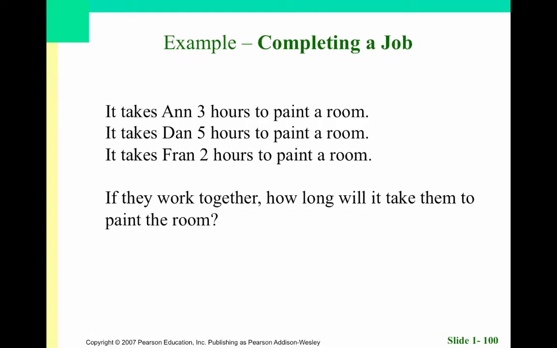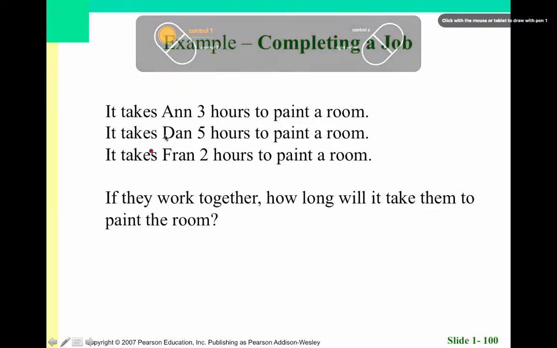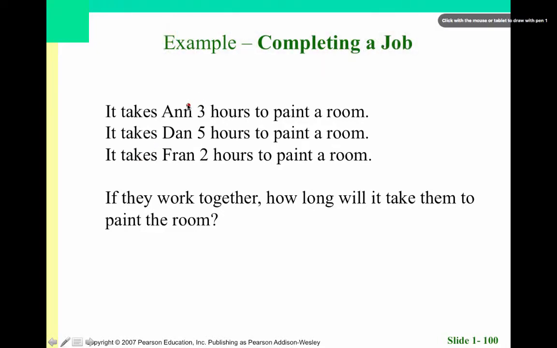Work rate problems are a little bit more involved. Anne takes 3 hours to complete a room, 3 hours per room. Dan takes 5 hours per room, and Fran takes 2 hours per room. So you want to think about it in terms of a rate. You want a rate per room because we're going to do one room.